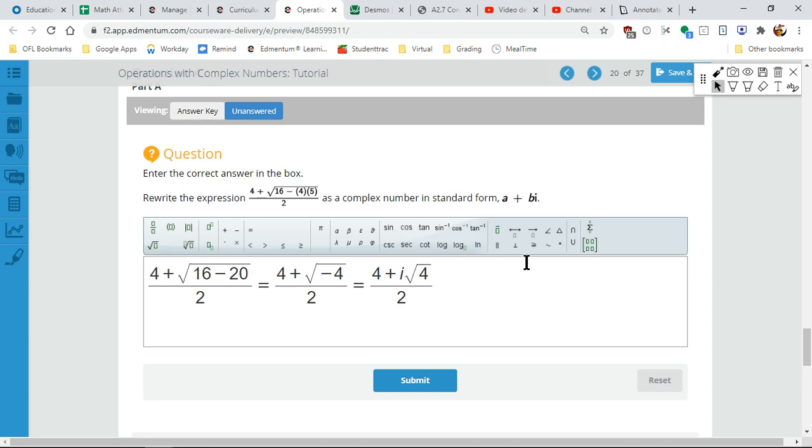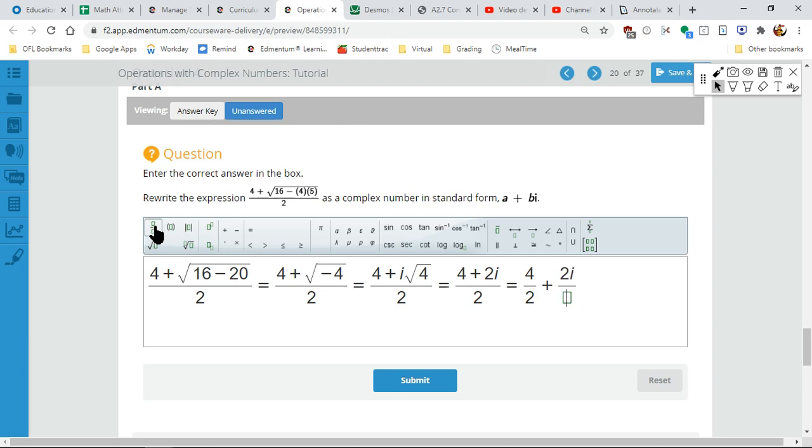From here, we're going to get this 4 plus 2I. From here, you guys don't have to show this step. I recommend it. It's having 2 different terms. Like I said, you don't have to show this middle step.